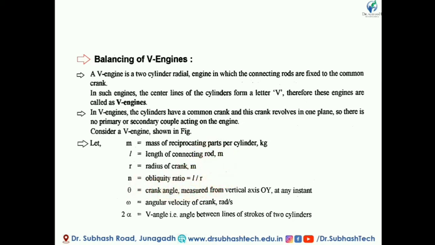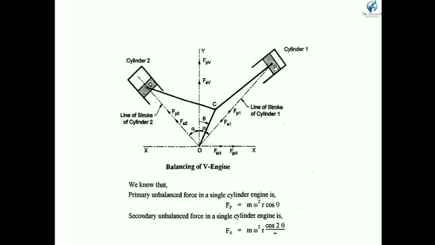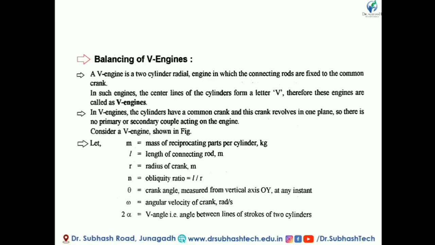Theta is the crank angle measured from the vertical axis OY. Here we assume the crank makes an angle theta from the vertical line. Omega is the angular speed of crank and 2 alpha is the V angle, that is, the angle between the lines of stroke of the cylinders.